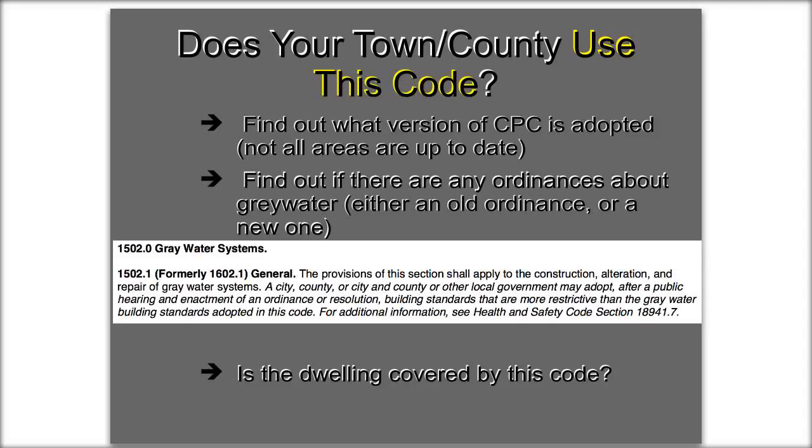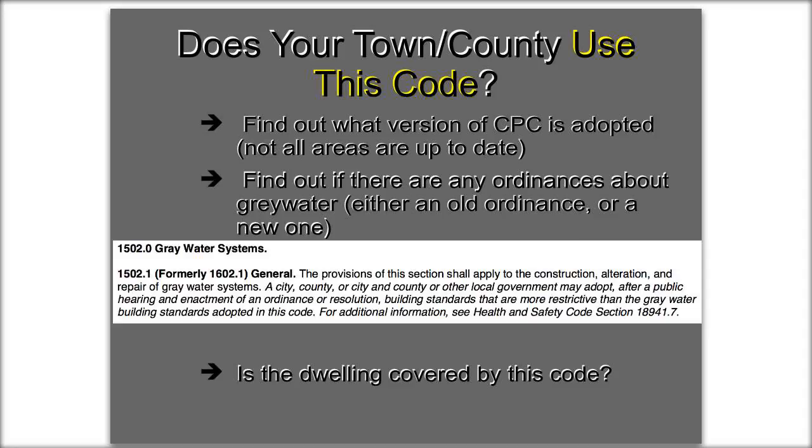And so something of note is, depending on where you live, your town or county may not actually be using the most current version. So if you're getting permits or getting into this work, you want to find out what version of the CPC is adopted by your city or county, because not all areas are up to date. You may find that your local jurisdiction is working off an older version.